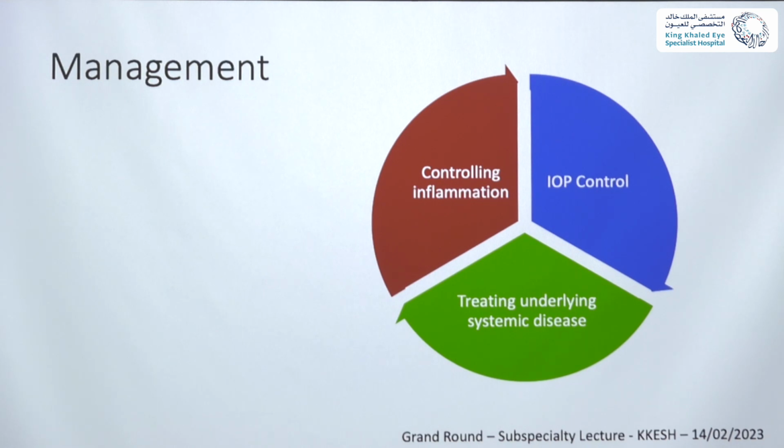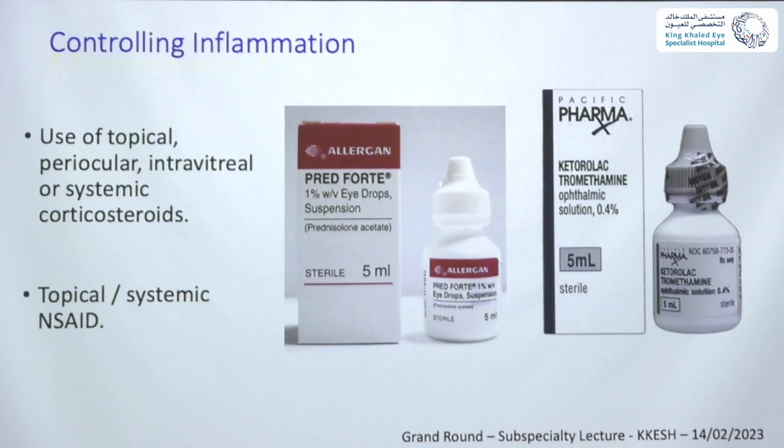How do we manage those patients? I like to divide it into three main items that help me control those patients. First of all, we have to control the inflammation, second you control the IOP, and last but not least, you have to treat the underlying disease.